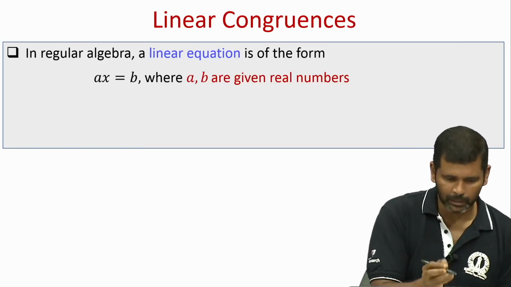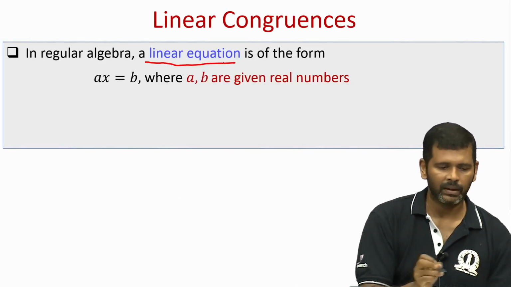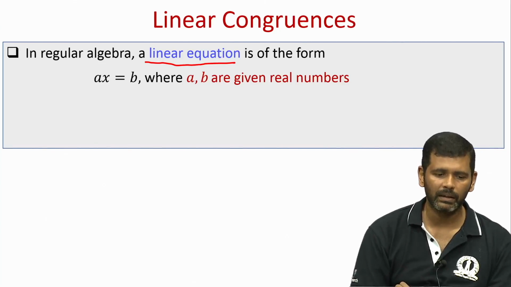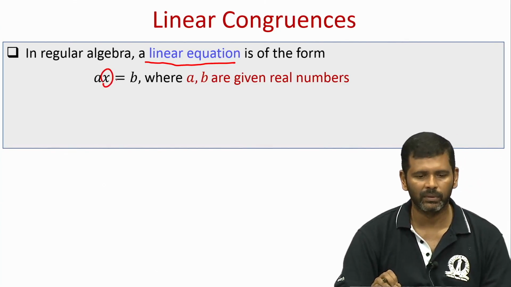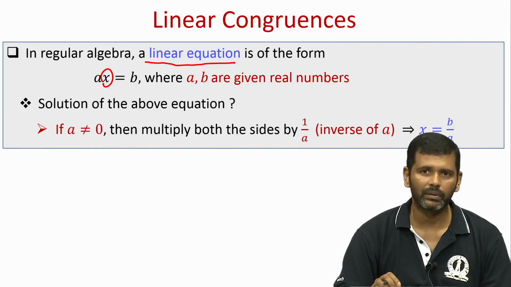So, in regular algebra you often come across linear equations of the form a times x equal to b. That means, you are given some real numbers a and b and you have to find out the value of this unknown variable x such that this condition is satisfied. And how do we find out the solution for the above equation?